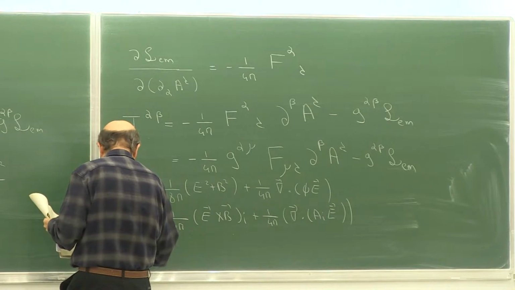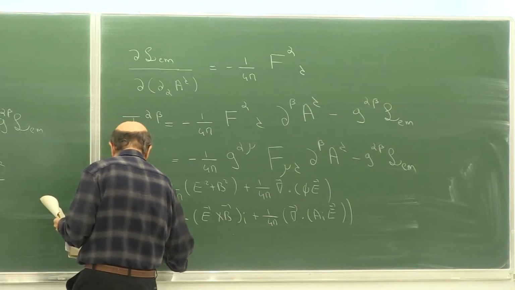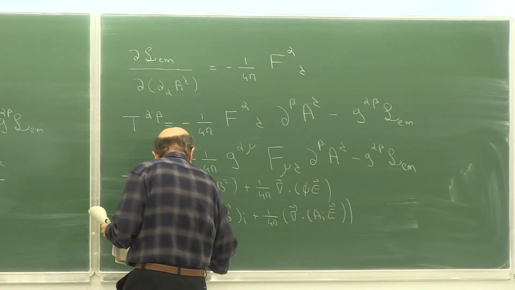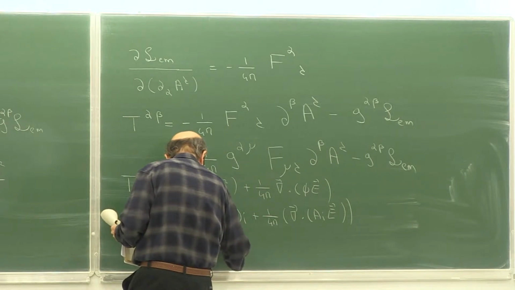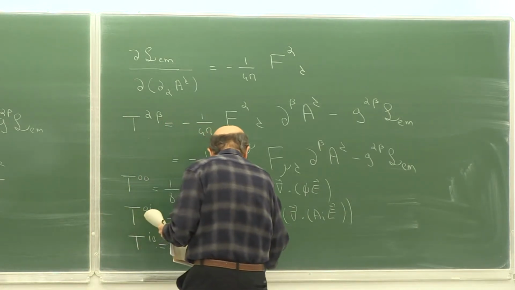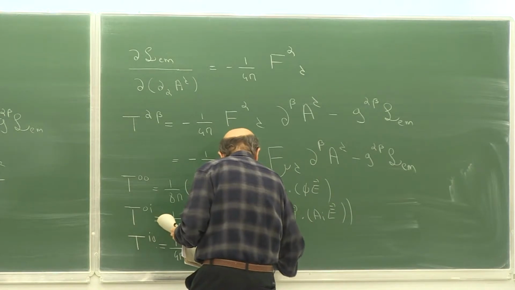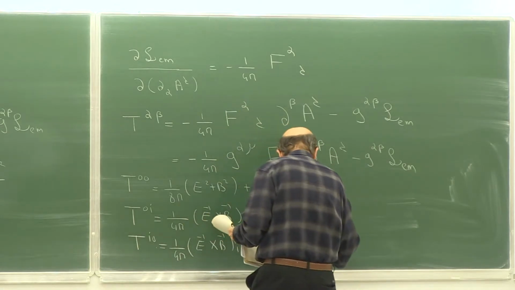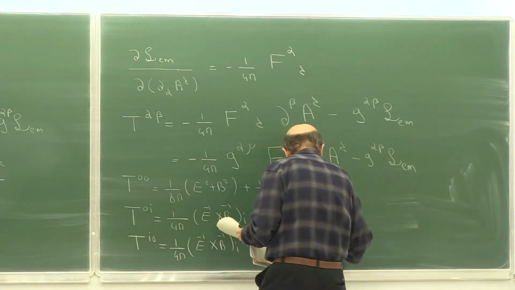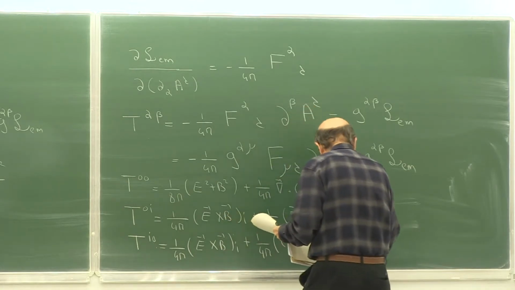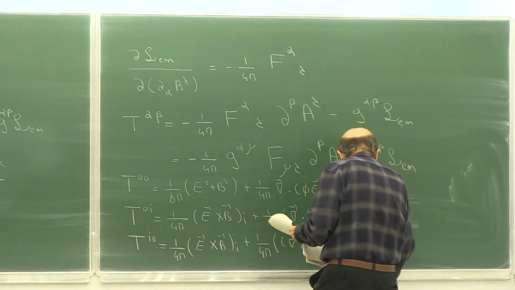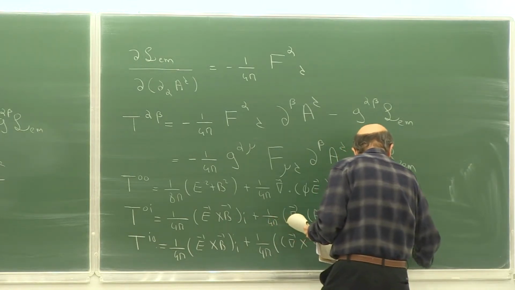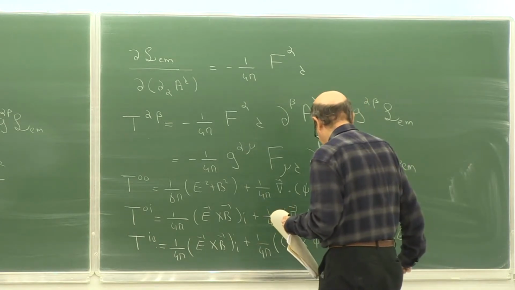And if you look at Ti0, that is 1 over 4 pi (E cross B) i, plus 1 over 4 pi the curl of the scalar potential times the vector potential's i component, and del over del ct of the scalar potential times the i component of the electric field.